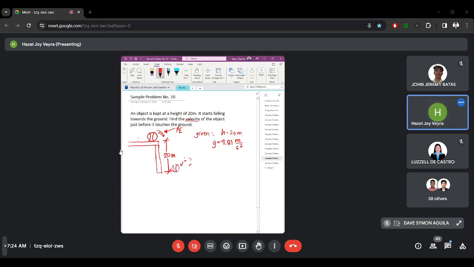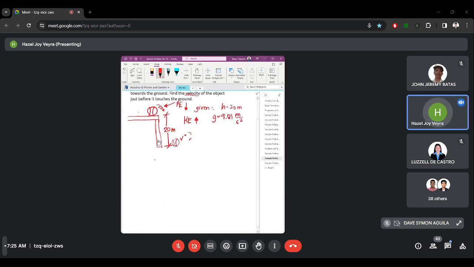So, magka-opposite sila ni potential energy. So, as the ball goes down, halimbawa nahuhulog na siya, so potential energy natin from a high value, bababa siya. However, when the object is already at motion, the kinetic energy naman yung mag-i-increase. Okay? So, we're asked to find the velocity of the object.